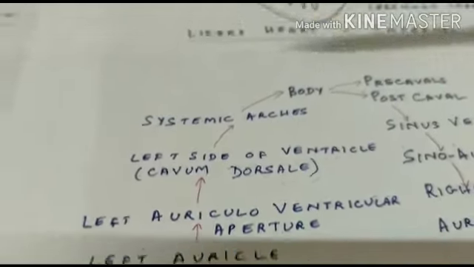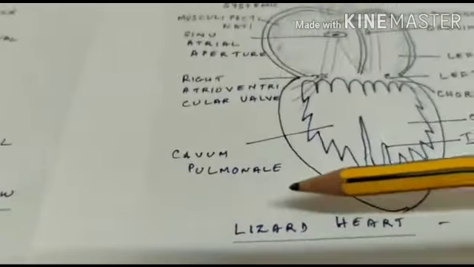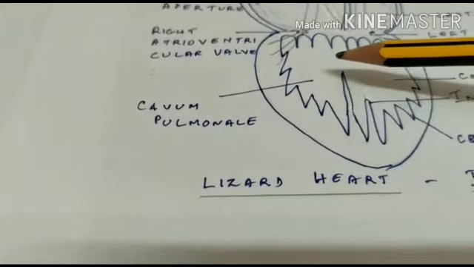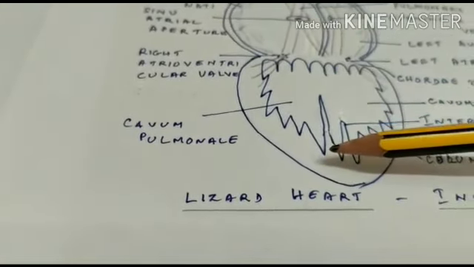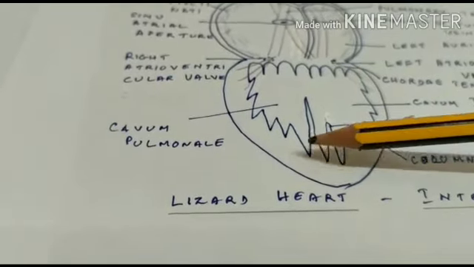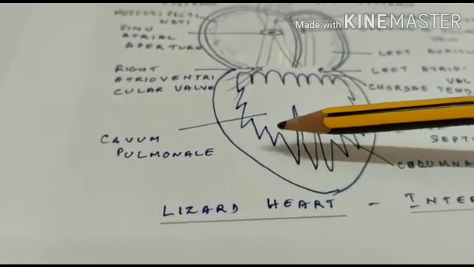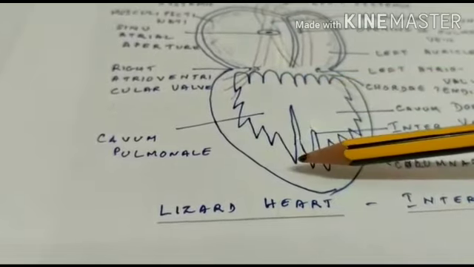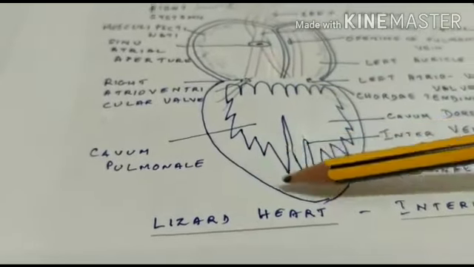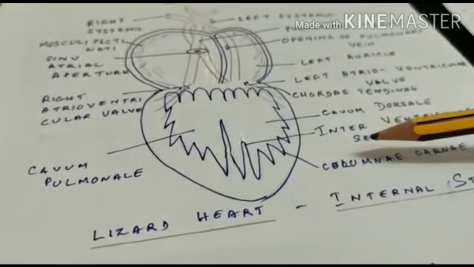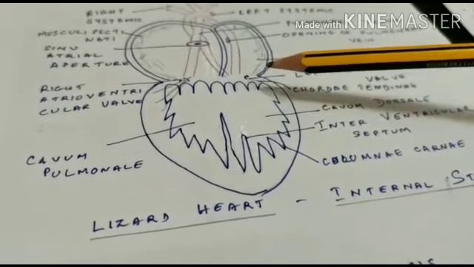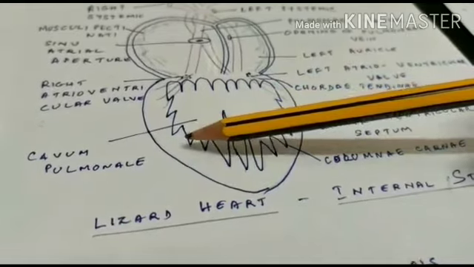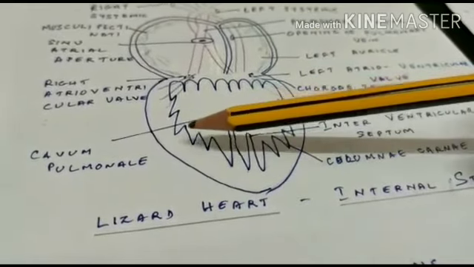Now when I'm talking about the cavum dorsale, what do I mean? The ridge in the ventricle is oblique, and it divides the interior of the ventricle into two parts, the cavum pulmonale and the cavum dorsale. The cavum dorsale is present on the left side of the ventricle, and the cavum pulmonale is present on the right side.